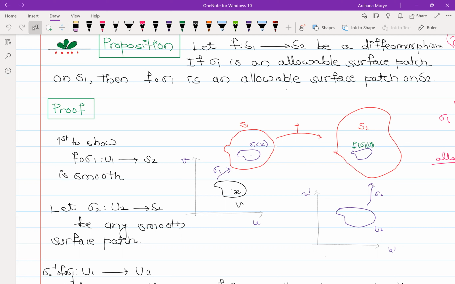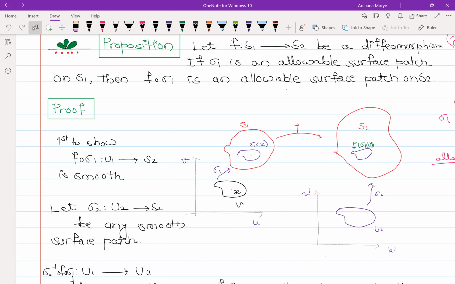So when I say Jacobian, we may start thinking: is it going to be a 3 cross 3 matrix or a 2 cross 2 matrix? In the case of this F, it is going to be a 2 cross 2 matrix.